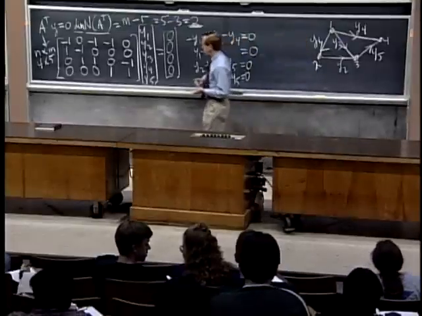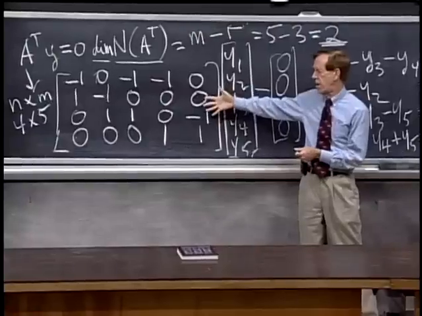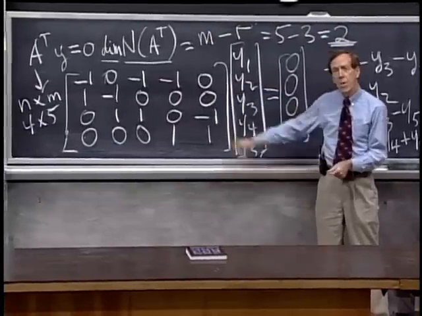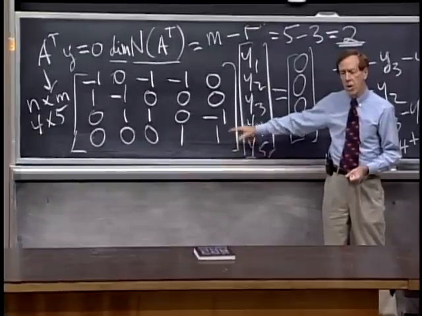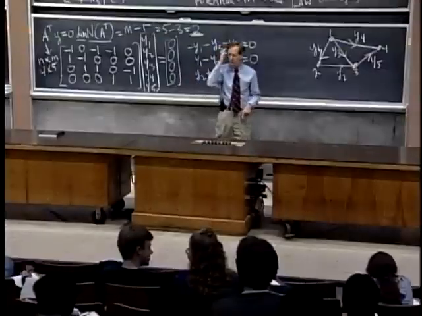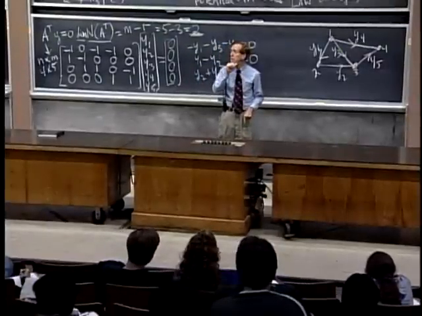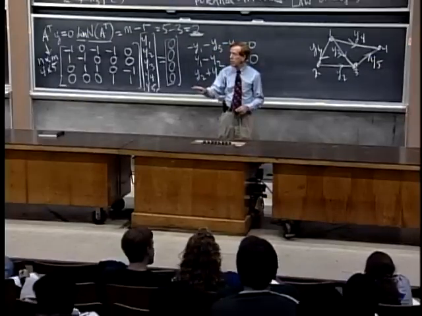But let me just ask you first, if I did elimination on that matrix, what would the last row become? The last row of R will be all zeros, right? Why? Because the rank is 3.